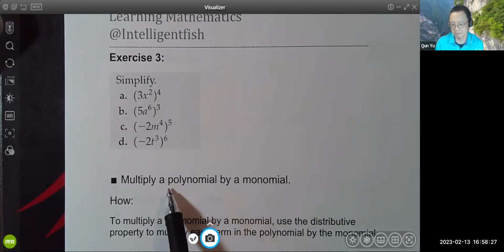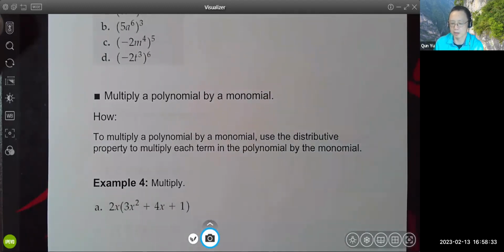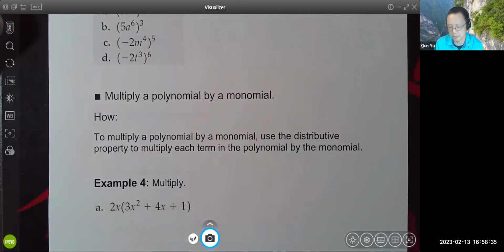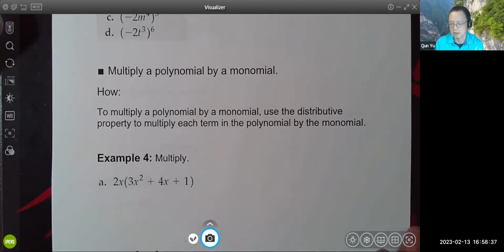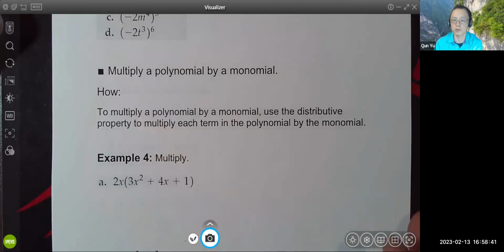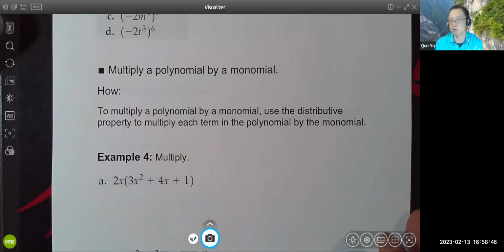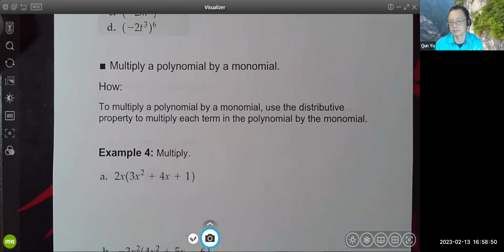This is just another step we need to go through. So how to multiply a monomial by a polynomial or a polynomial by a monomial, they're the same thing. So basically what this means is you just do distribution. You distribute that monomial to each term inside that polynomial.